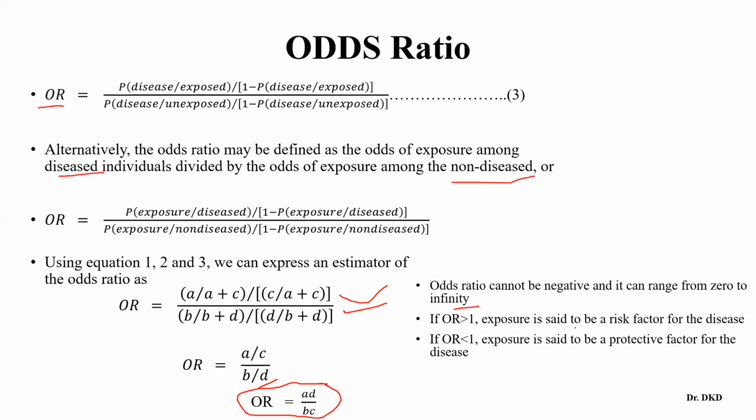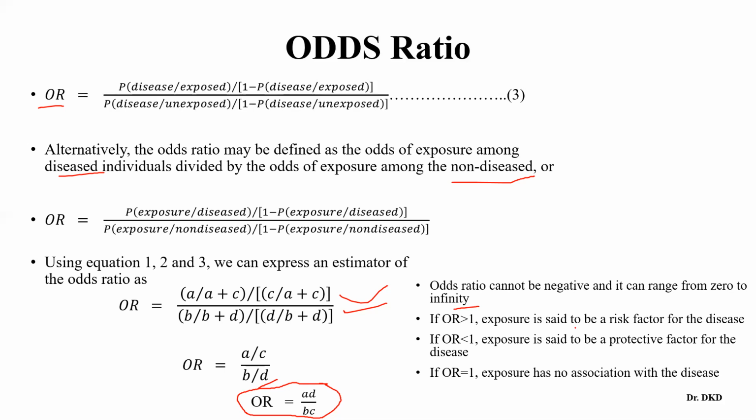If the odds ratio is less than 1, exposure is said to be a protective factor for the disease. And if the odds ratio equals 1, exposure has no association with the disease. So this is the basic information about the odds ratio.